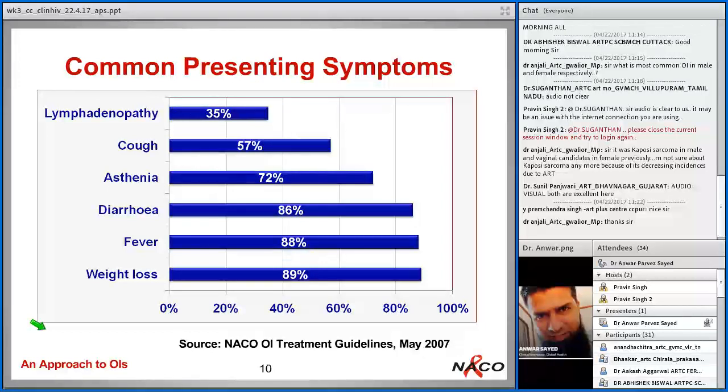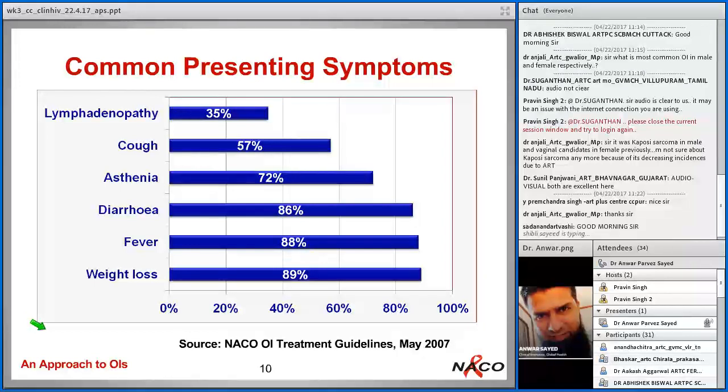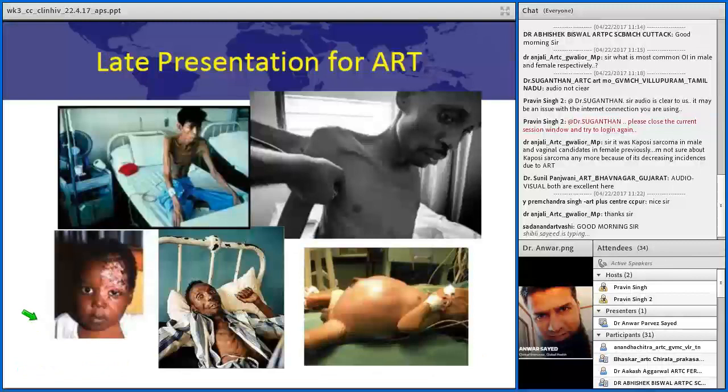For example, if someone has cryptococcal meningitis, then there will be signs of meningism and similar signs and symptoms. But again, this is some presentation or analysis of the data which was presented in the NACO OI treatment guidelines. The guidelines are being revised, so the revised version will be released soon.